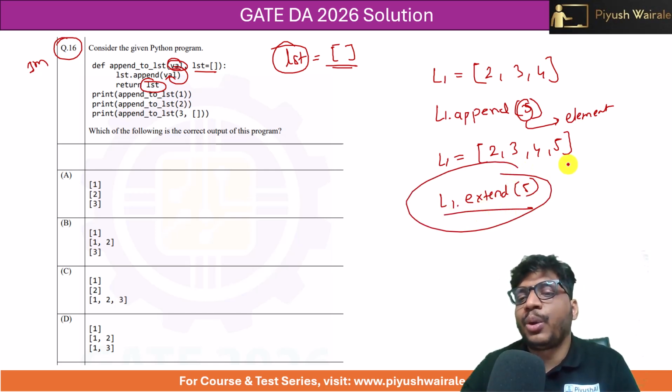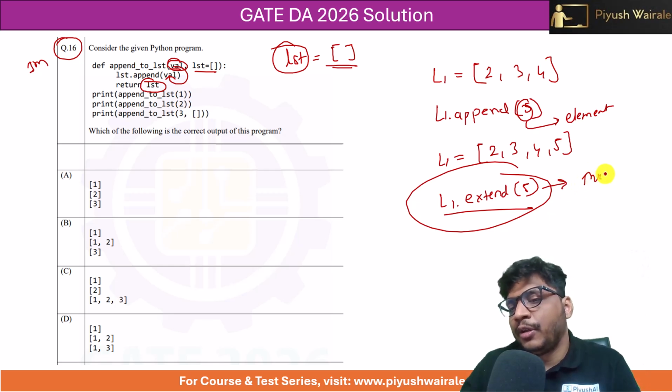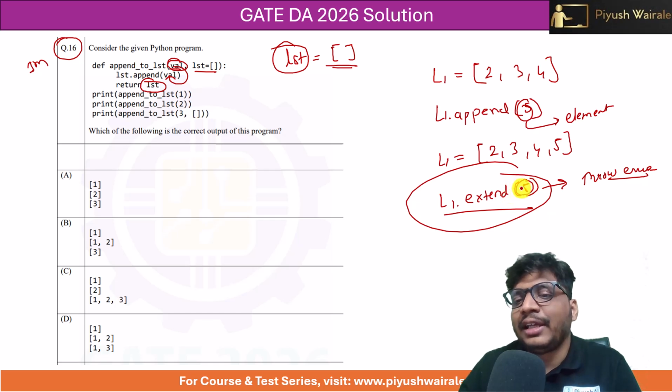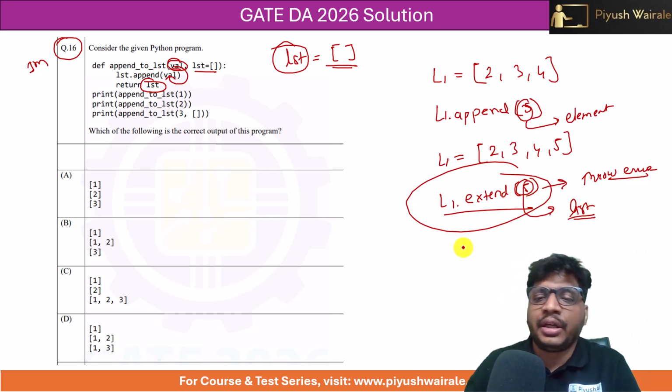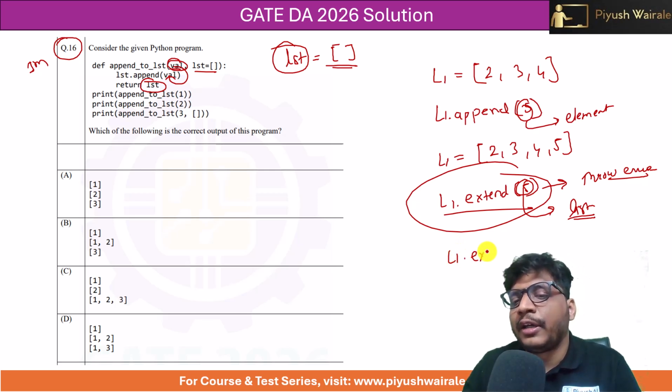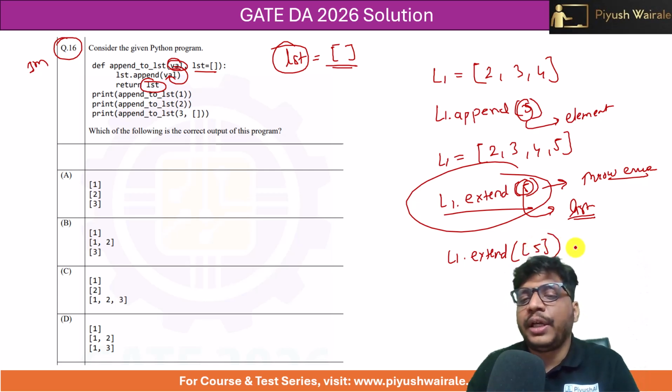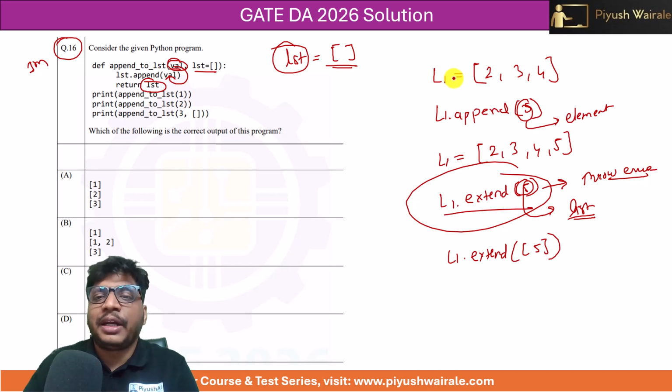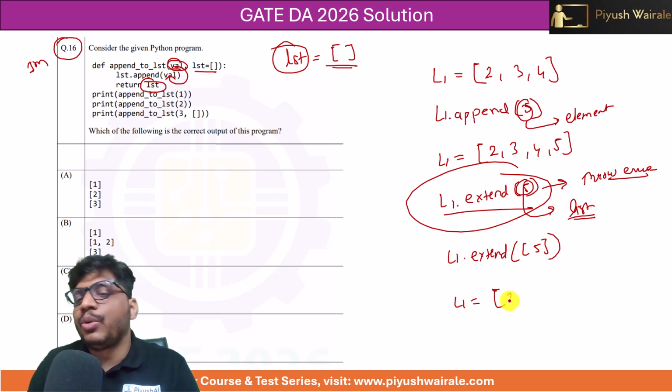This will throw an error, because extend takes a list as input. So if I say L1 dot extend in square brackets 5, we are extending this particular list, and L1 will become 2, 3, 4, then 5.